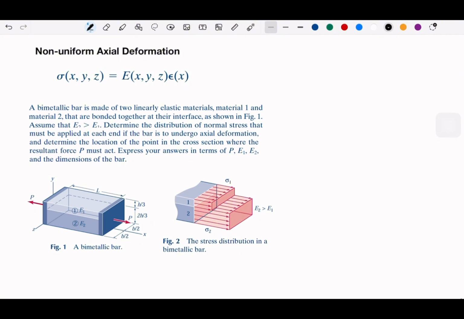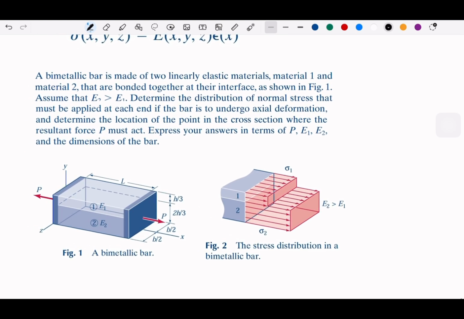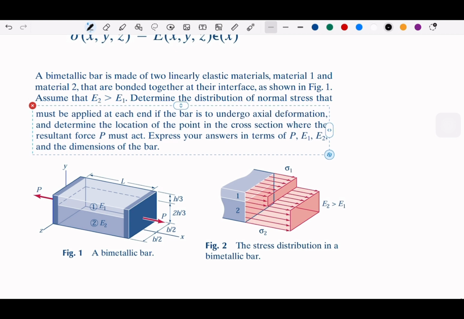So we call E1 and E2 for these two metallic bars, and then we need to calculate the locations of the resultant force, and based on the structure, it has all this height and base, and it is determine the centroid of the resultants P. And then assumptions are the E2 is greater than E1 based on the questions here.